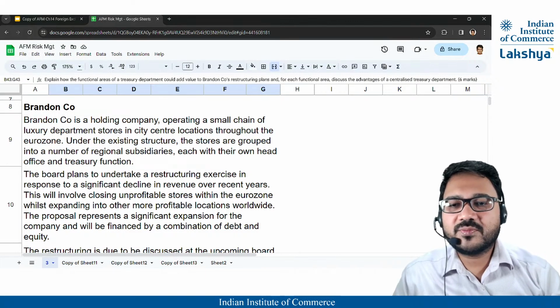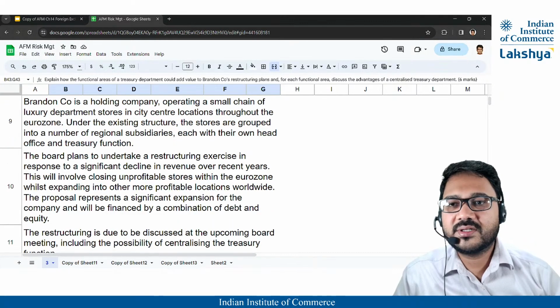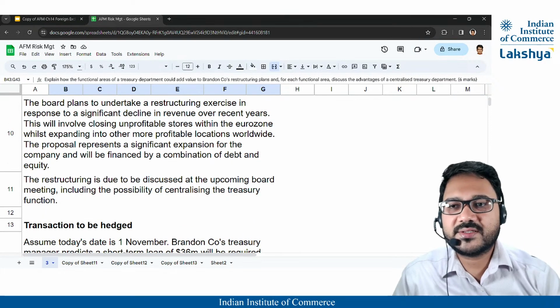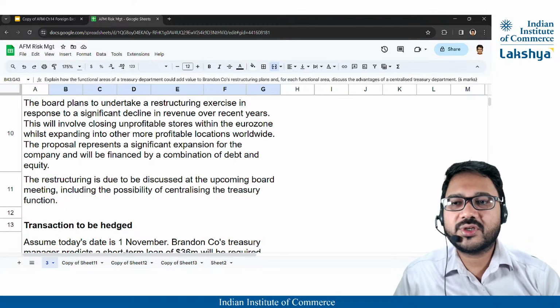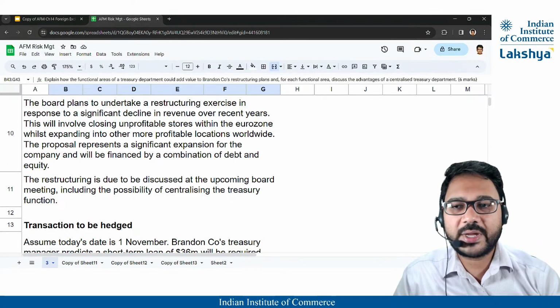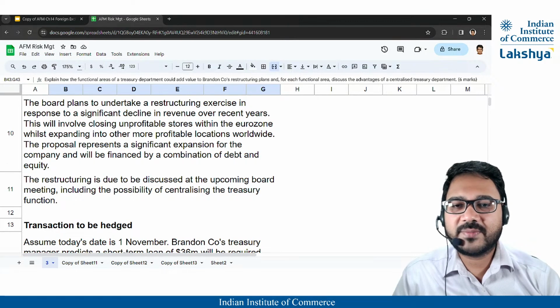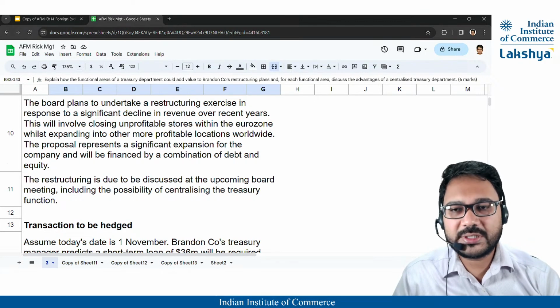The board plans to undertake a restructuring exercise in response to a significant decline in revenue over the recent years. This involves closing unprofitable stores within the Eurozone while expanding into other more profitable locations worldwide. The proposal represents a significant expansion for the company and will be financed by a combination of debt and equity.